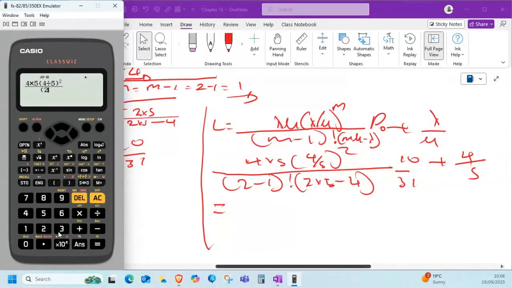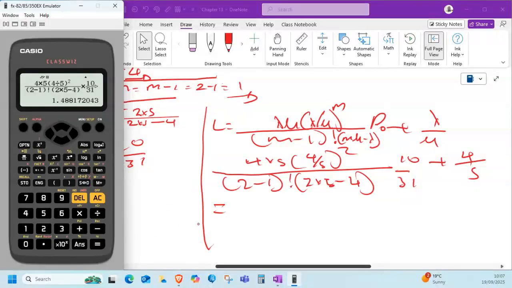Then we have 2 minus 1 exclamation, and we have 2 times 5 minus 4, close that, and then multiply by my new 31, plus 4 over 5.